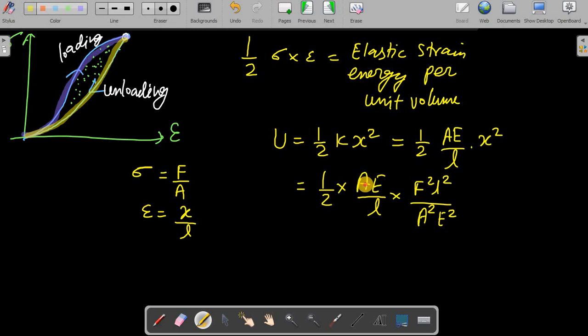So from here this AE, one AE will get cancelled here. So this is half into F by A you can take separate, and one L will get cancelled, right?